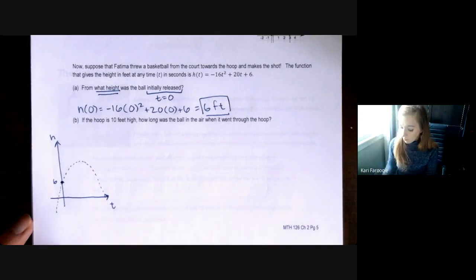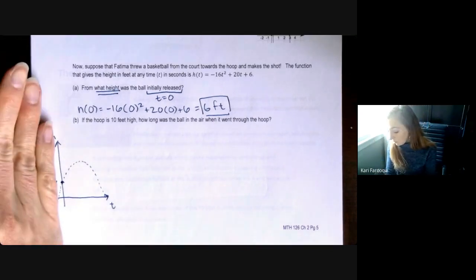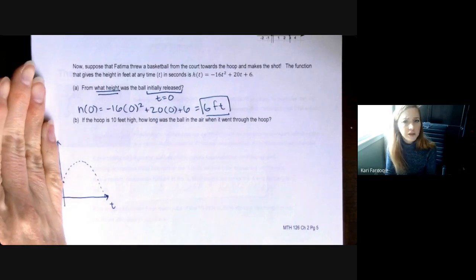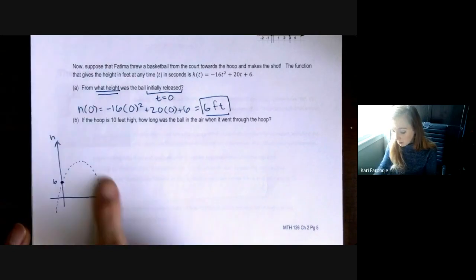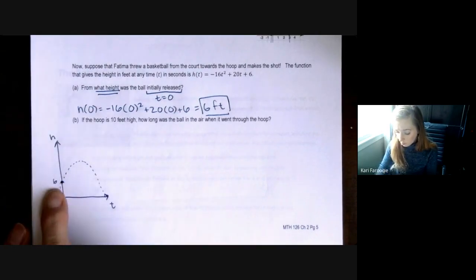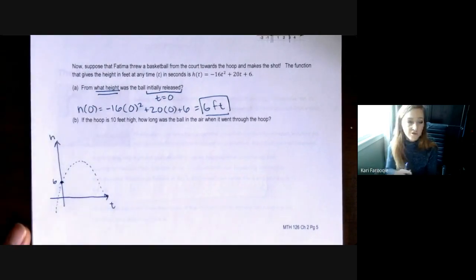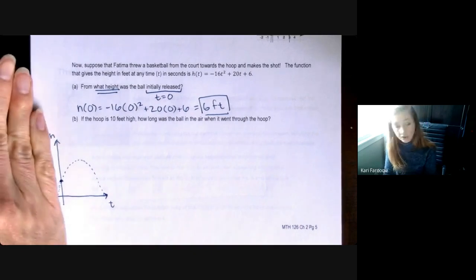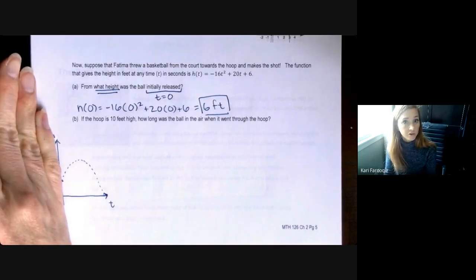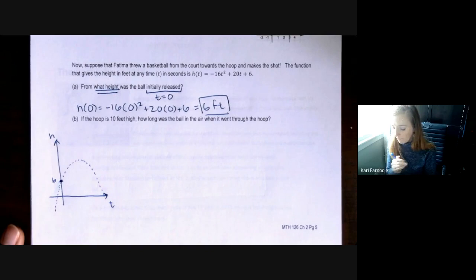But we can only talk about this in terms of time, and time only includes the positive t-axis. We cannot have negative time. So even though mathematically this graph will also swing its way back this direction, in terms of our application, it starts here at t equals 0. I think that's important to say.